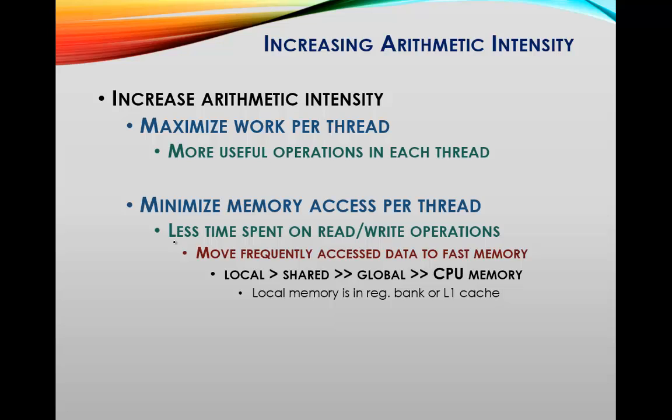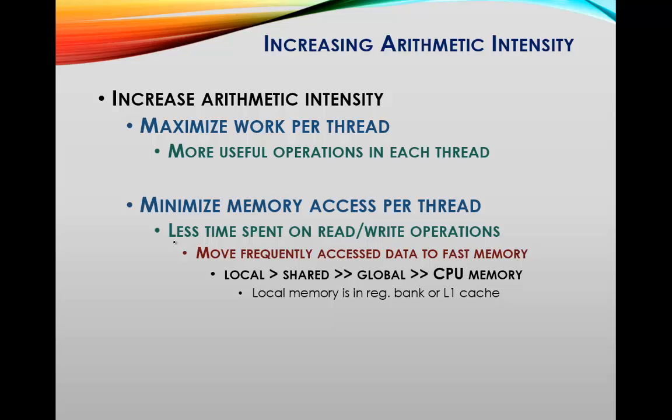But what if you can calculate a bunch of operations? For example, if you first wanted to convert each picture into grayscale, and then from grayscale you wanted to perform some additional operations, then pack those operations all together in one thread, and you'll be able to maximize the work per thread. The second aspect we want to talk about, and we already have, is to minimize memory accesses per thread.